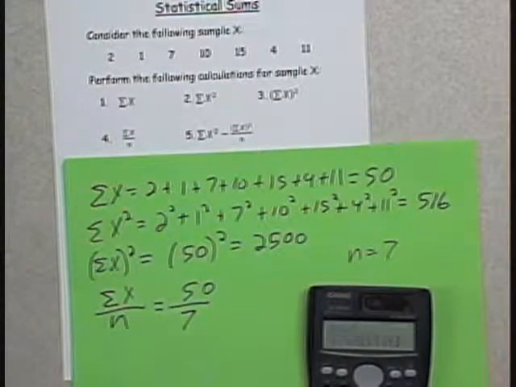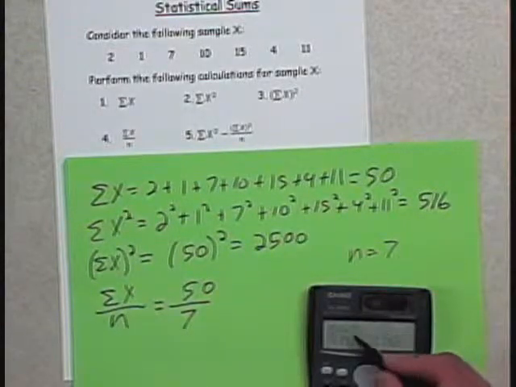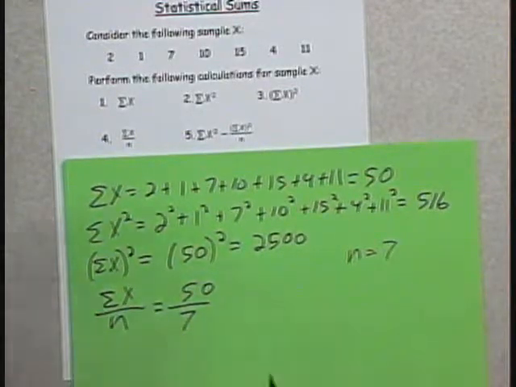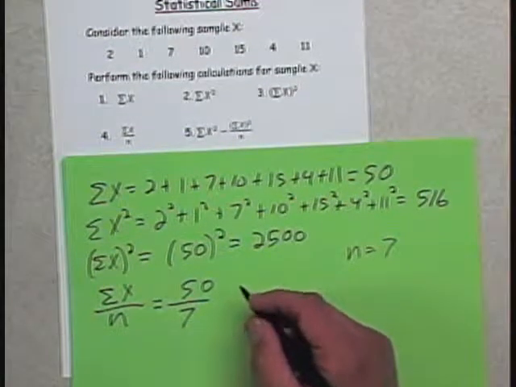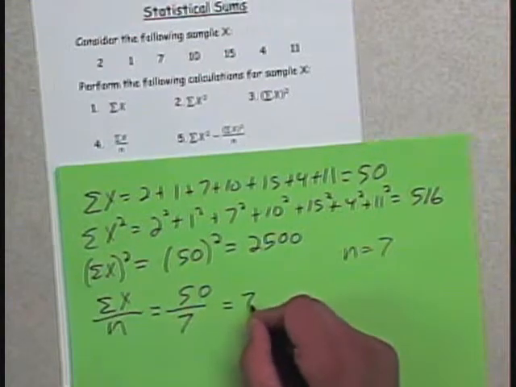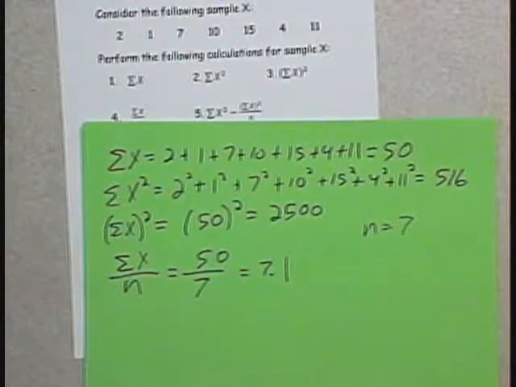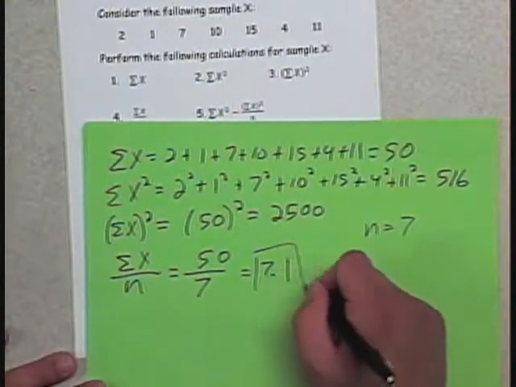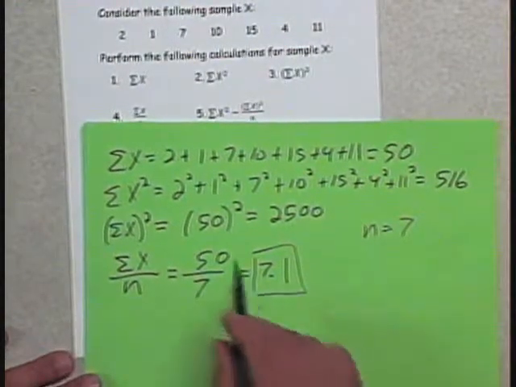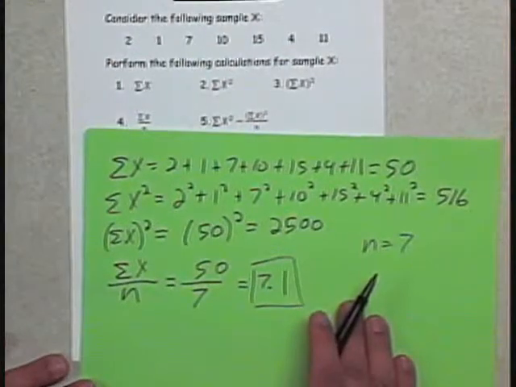But we're going to learn whenever we take the mean or the average value, if it's whole numbers, I'm going to round it to one decimal place. So this would be 7.1. So I get 7.1. And that would be the average value to one decimal place for my data set.